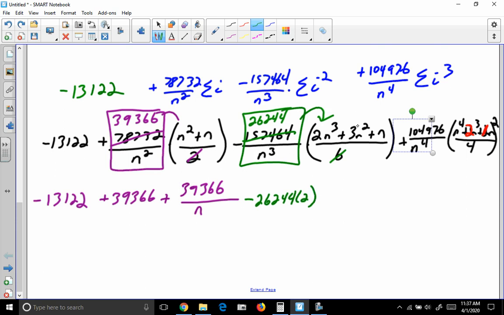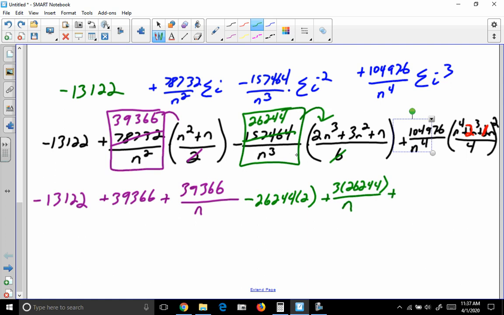And then when we do this times that, n squared will cancel 2 of those out, and that's going to leave us, let's call that, 3 times 26,244. If that n squared cancels, that leaves us an n on bottom.